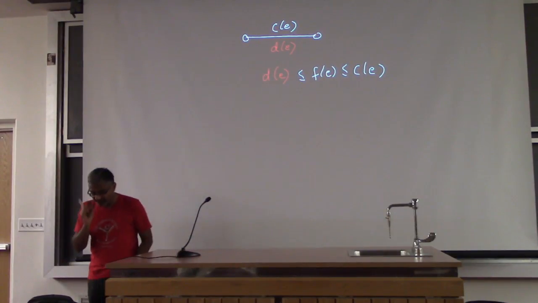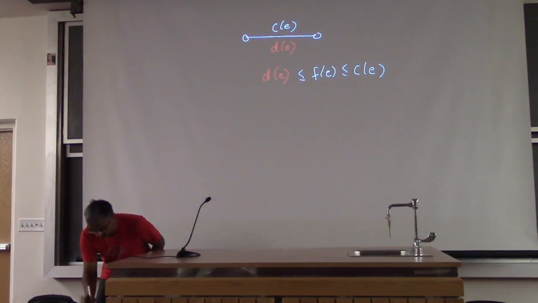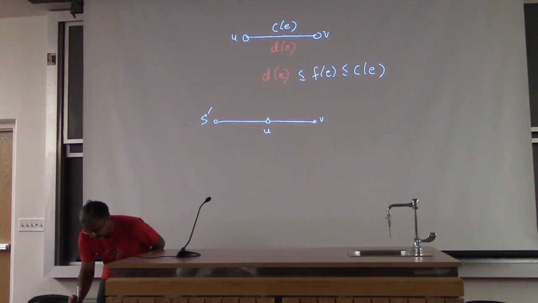And the way we said it was, let's create the super source and connect it to this endpoint, and a super sink. And what we said was that we're going to put a modified capacity here, right? And you're going to put a capacity here of dE, and you're going to put a capacity here.